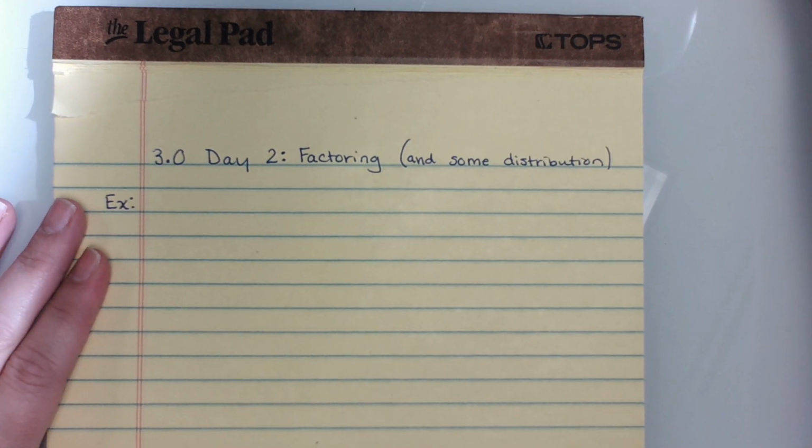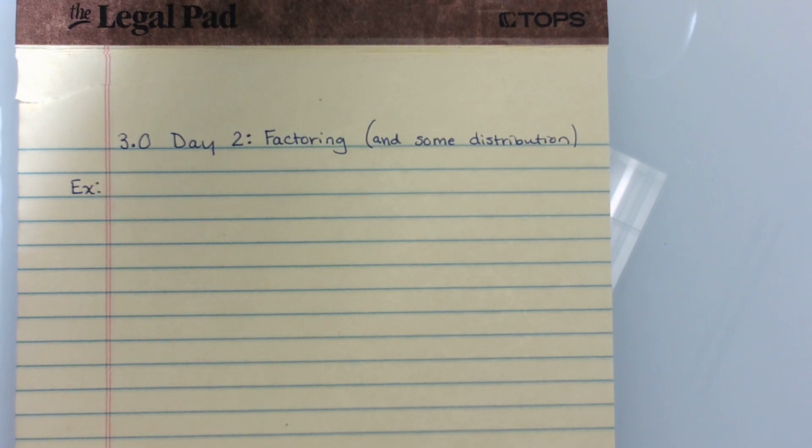Specifically factoring. Factoring is a skill that gets used in a lot of different places in math because what factoring does is it breaks things into the smallest things getting multiplied together to create something larger.